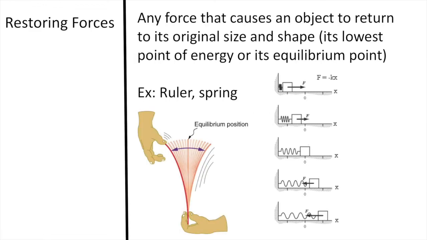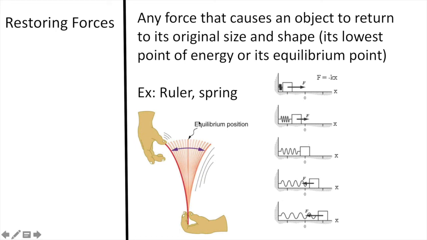When discussing forces, we need to talk about something that is called restoring forces. And this is any force that causes an object to return to its original size and shape, which is its lowest point of energy or its equilibrium point.